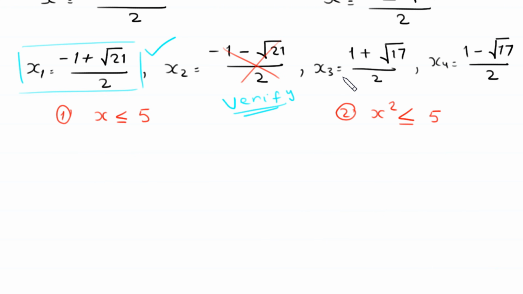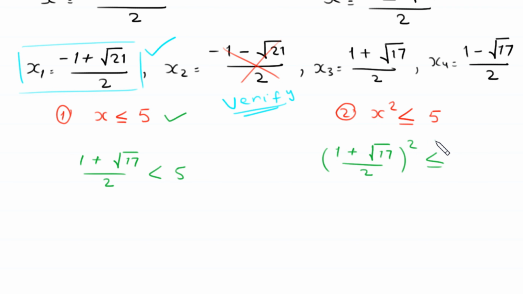Now we check this third value of x, 1 plus root 17 over 2, which is less than 5. So this condition is true. Now in this condition we put the value of x, 1 plus root 17 over 2 whole squared. Is it less than or equal to 5? This 1 plus root 17 whole squared is equal to 1 squared plus root 17 squared plus 2 times root 17, divided by 4. Is it less than or equal to 5?